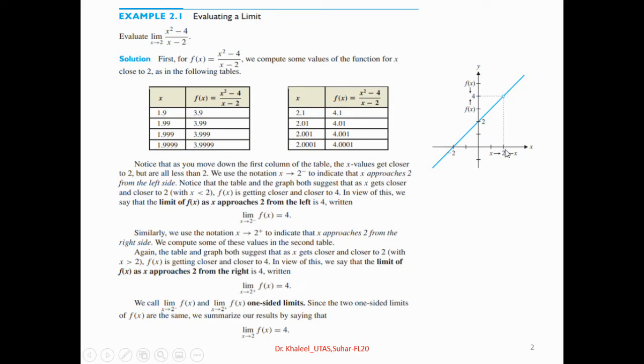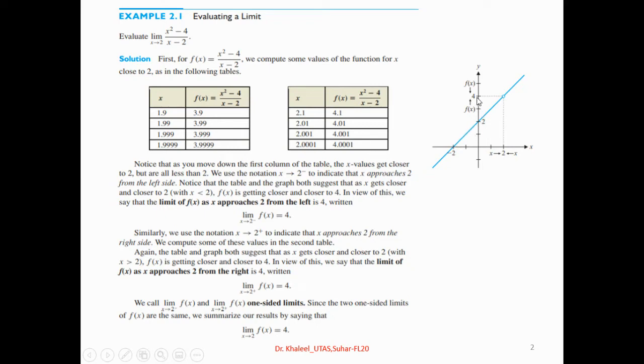Open circle means when x is equal to 2, f(x) is not defined, right? If it is a filled circle, then when x is equal to 2, f(x) is defined. So here, when x is equal to 2, f(x) is not defined, but when x is approaching 2 from the left-hand side, f(x) is approaching 4.